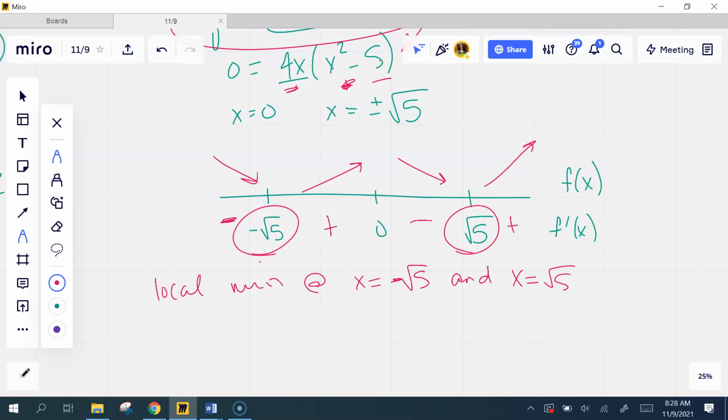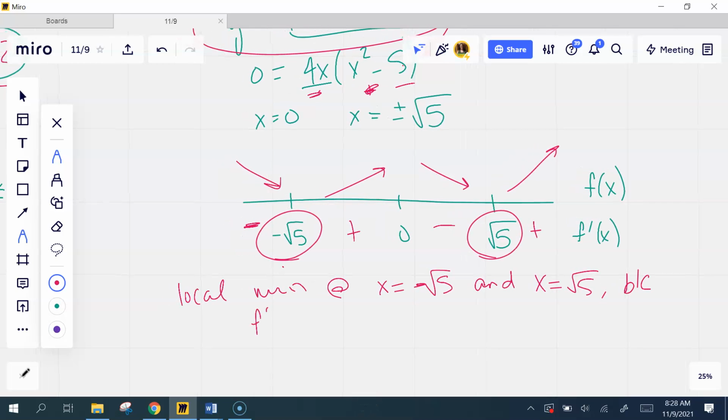Make sure you say y. Yep, that's right. Because the derivative changes from negative to positive here. When you write this out, just use your words.